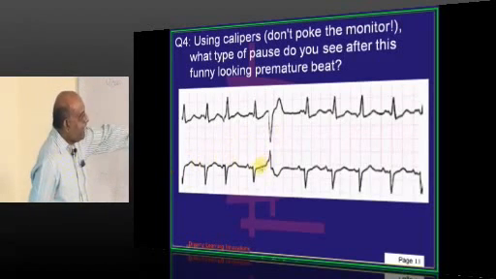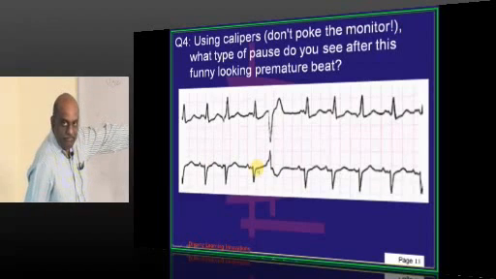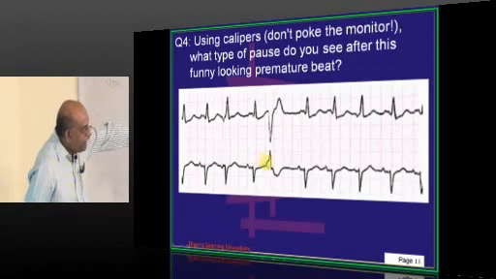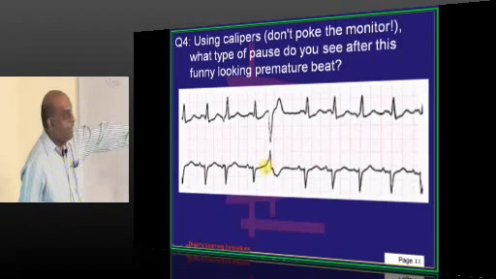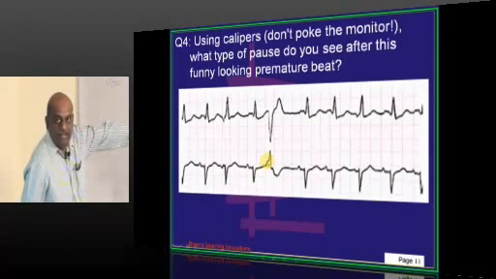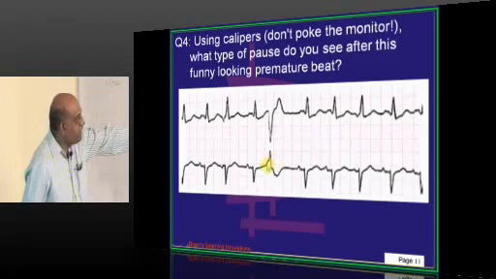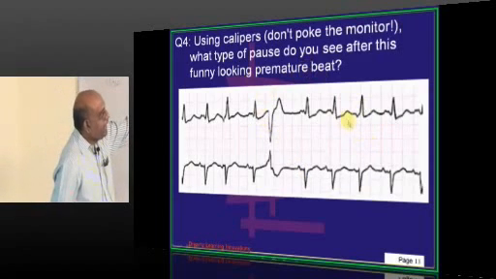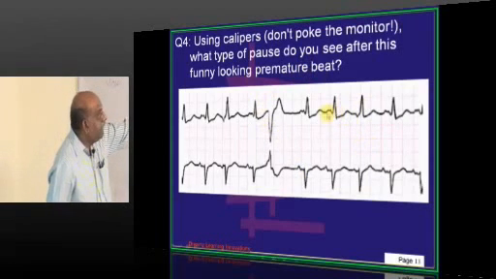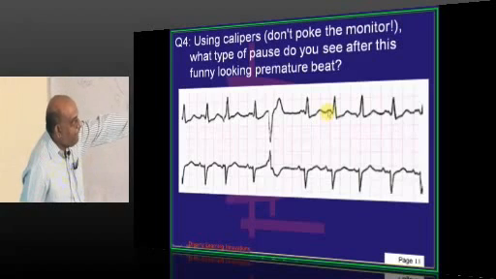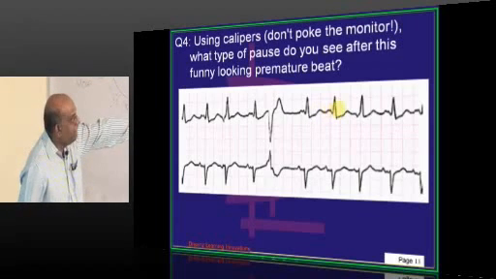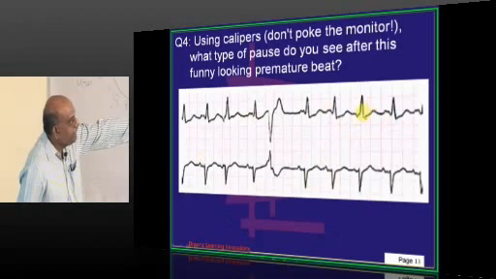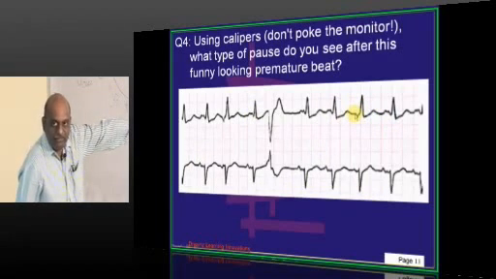So you calculate the distance between the P wave before the premature ventricular complex and the P wave after the premature ventricular complex, and similarly you take a normal QRS. You calculate the distance between the P wave before a normal one and the P wave which is present before the next normal one.